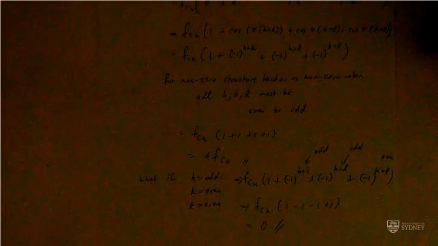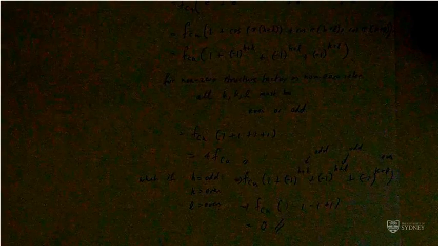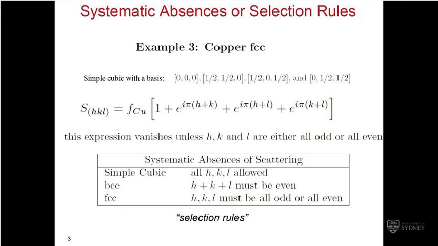To here. So what have we got so far? Remember we did the simple cubic and we found no restriction on the H, K and L. We did the BCC when we substituted the chlorine for the chromium.